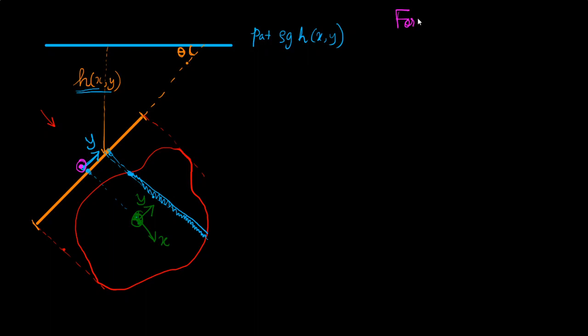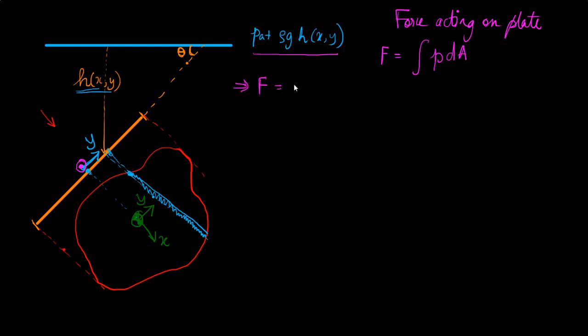So force acting on the entire plate, F, will be equal to integral P dA, where P at a given point is defined as Pa plus rho g h, and this implies F is equal to integral Pa dA plus integral rho g h(x,y) dA.